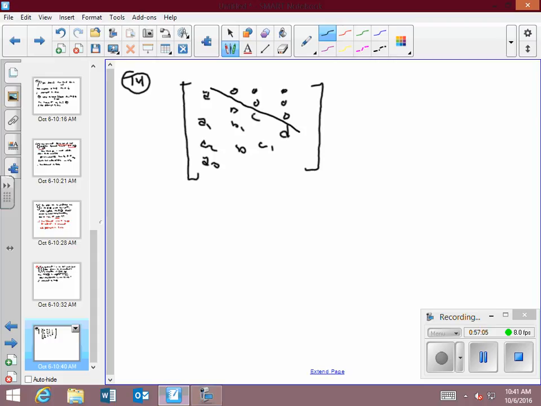This diagonal and everything below has numbers in it. I don't have it written, but I get it. That's a lower triangular matrix.